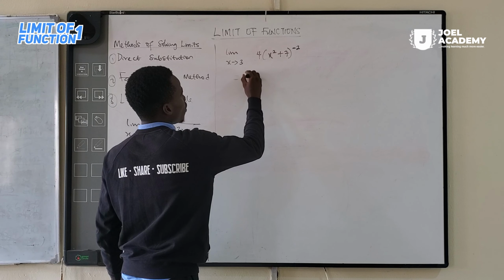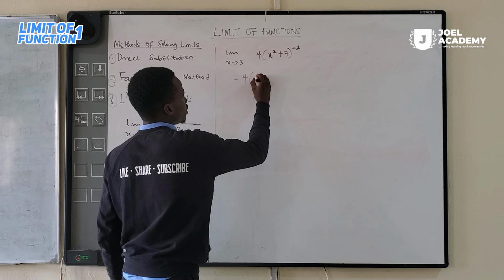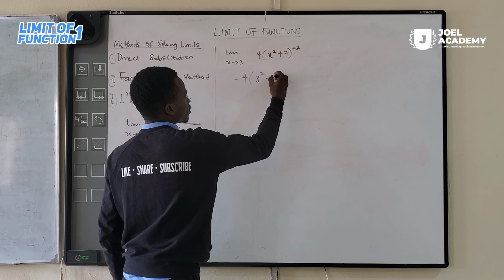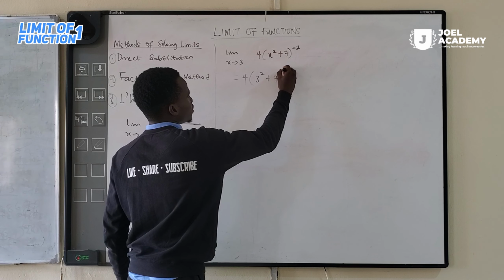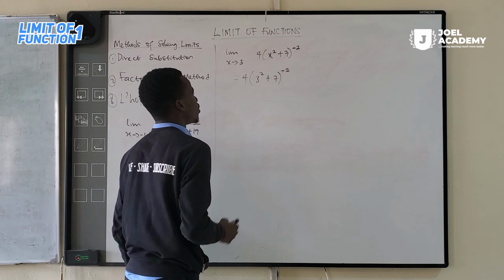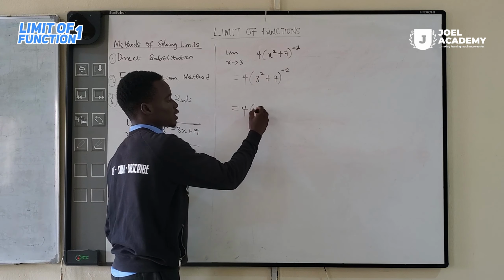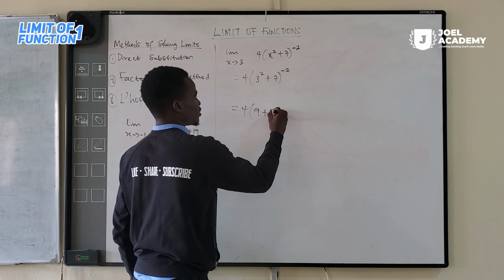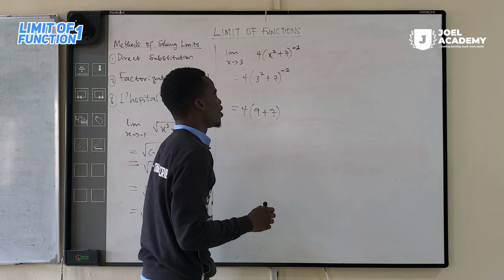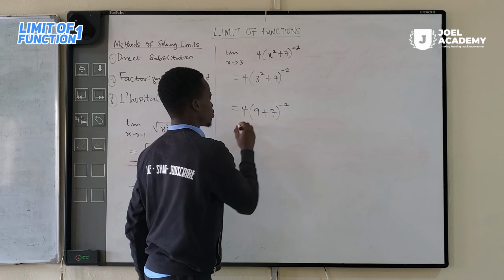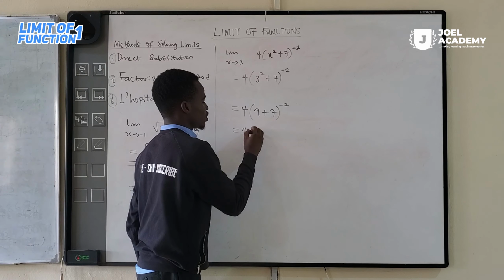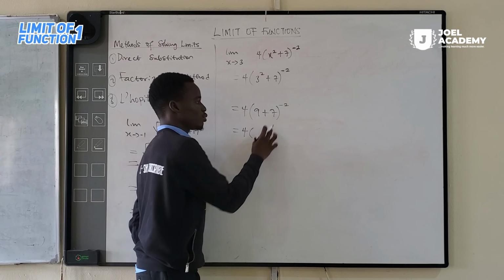So we have 4, wherever we see x, we put 3, 3 squared plus 7, and then minus 2. Let's finish solving what is in the bracket first. 3 squared is 9, plus 7. 9 plus 7 is what?